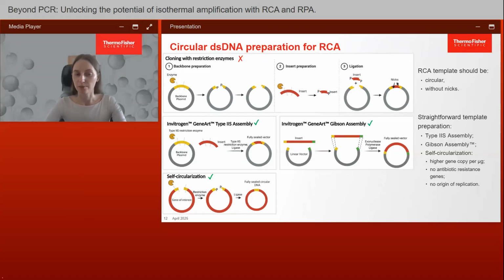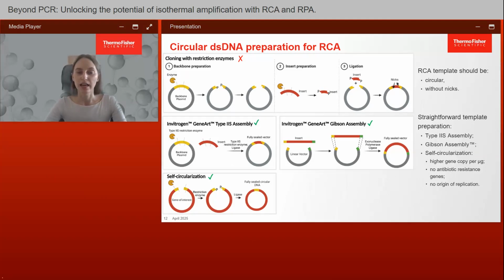Since vector backbone is not used, this method offers several advantages. Firstly, you have no bacterial elements in your DNA sample, and secondly, you have a higher gene copy number per microgram of DNA, making it ideal for high throughput analysis.